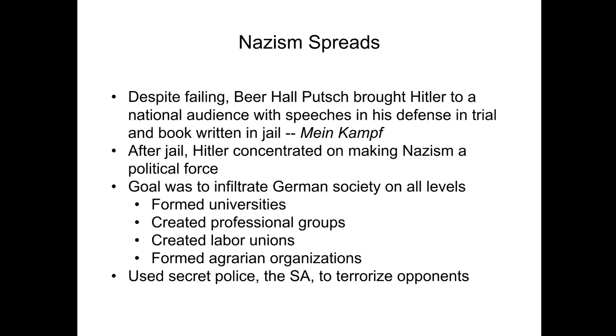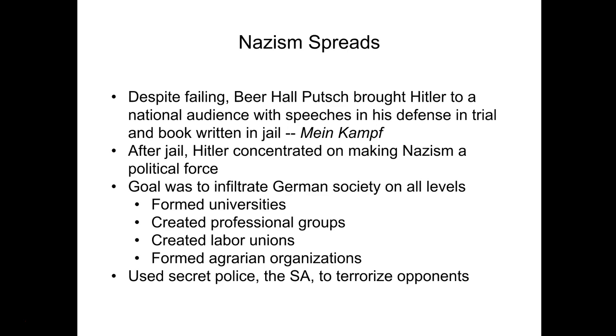After he is released from jail, Hitler focuses on making Nazism a legitimate political party instead of a rebel group. His goal is to infiltrate all German society on every level with Nazi ideology.